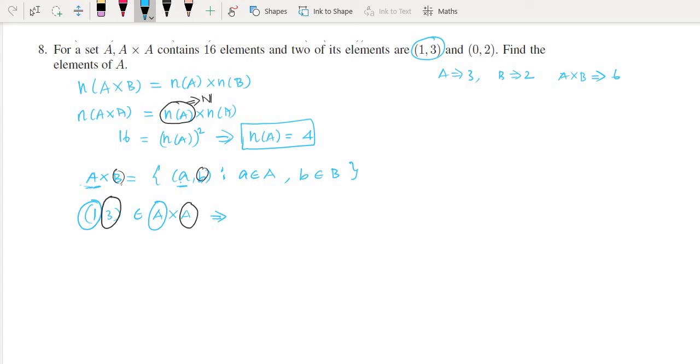Fortunately here both the sets are A, so from this we can tell 1 is an element of A and 3 is also an element of A.